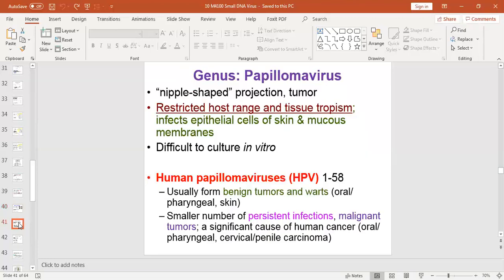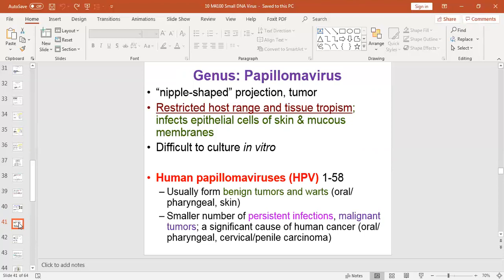Moving to slide 41, the genus is called papillomavirus. It has nipple-shaped projections and causes tumors. The papillomavirus has a very restricted host range and tissue tropism.